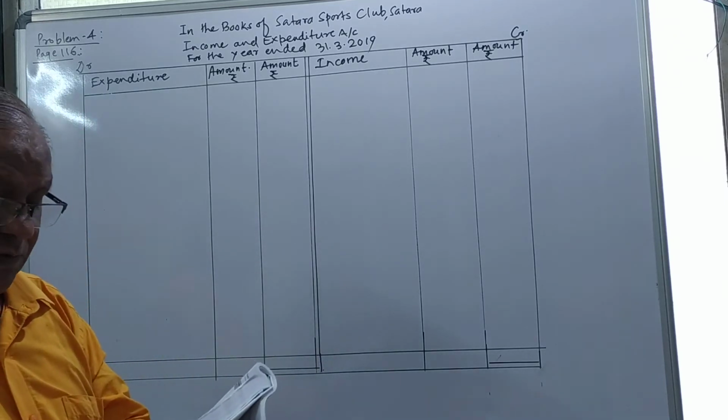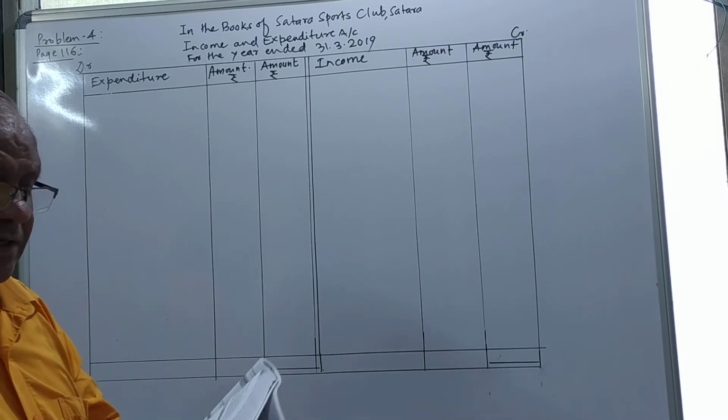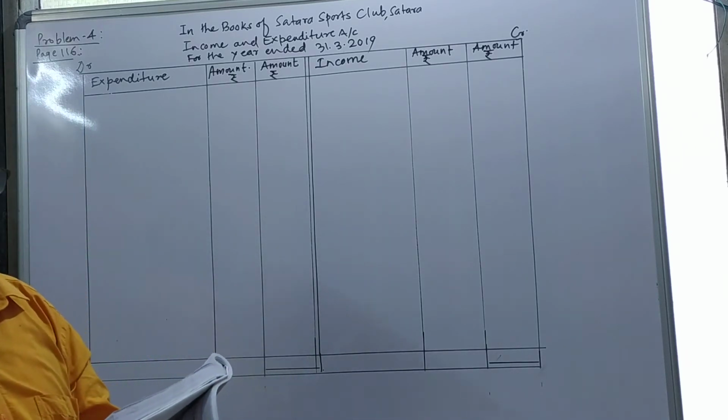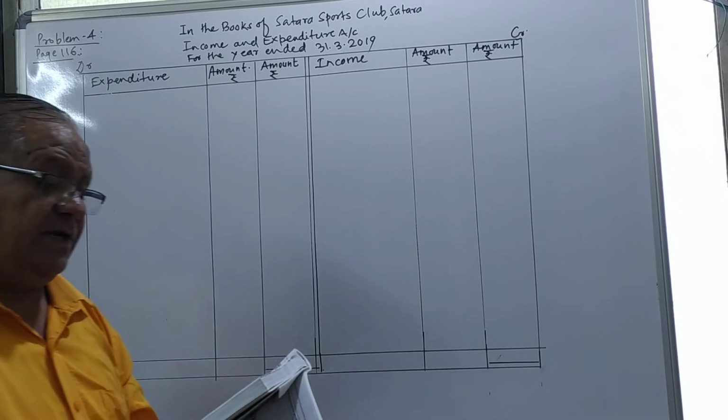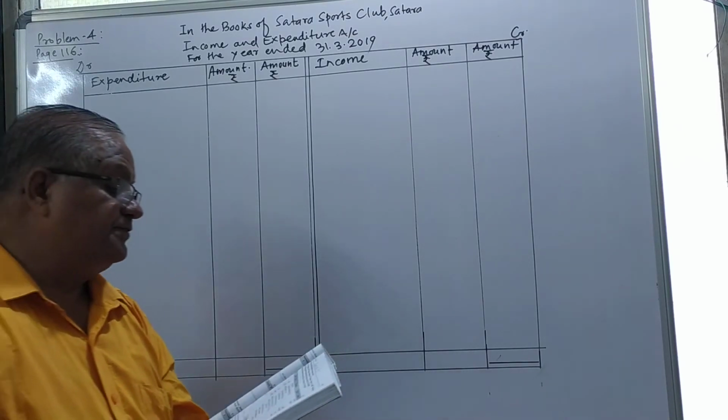They have given us the opening stock of sports material as well as the closing stock. Sports material 40,000 is given, which means it was purchased during the year, and on account of that they made the payment. So we'll solve the problem here.